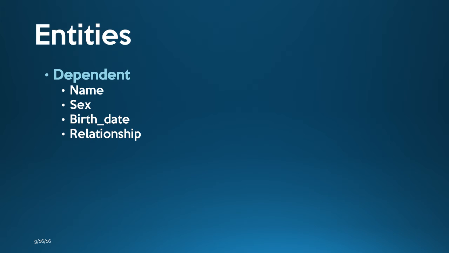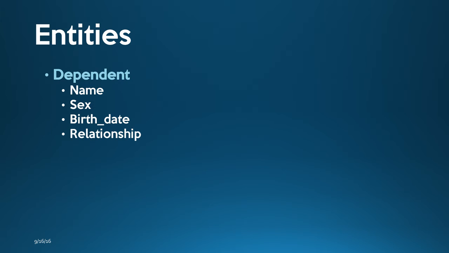Birth date. And relationship. The relationship will pretty much just say whether the dependent is the mother, the father, the sister, the son, the daughter. So any kind of family relationship they have, okay?